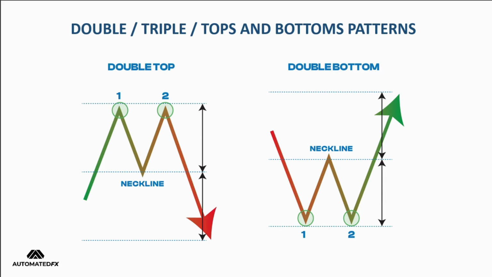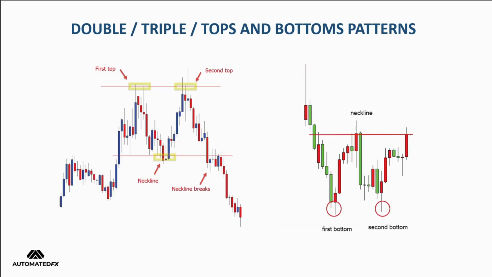Once price breaks below the support level, often called the neckline, it confirms a potential shift from an uptrend to a downtrend. The next one is double and triple bottoms. Double and triple bottoms are the opposite of tops. They form when price touches a support level two or three times.